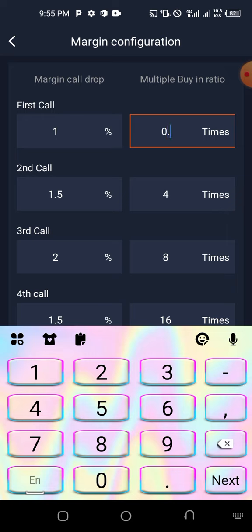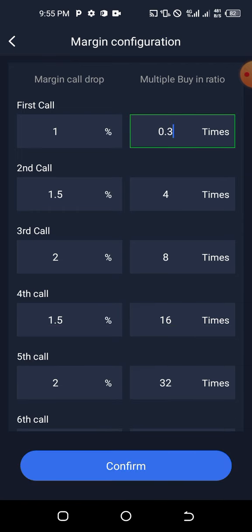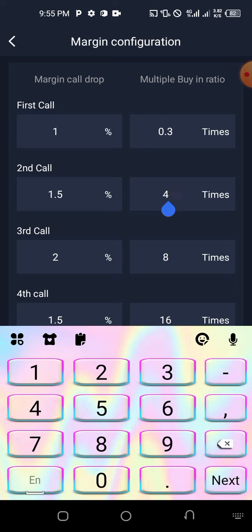Now here we are going to buy with 15 slot. Okay, now I'm going to do this 0.5, 0.5, 0.3, meaning it is 0.3 over 50, which is our first buy. This is equals to $15. Okay, that's how we do it.